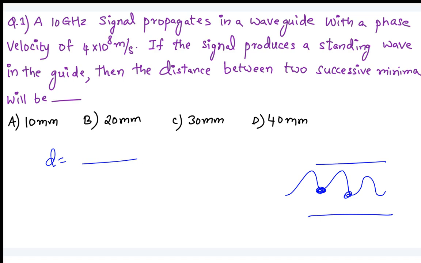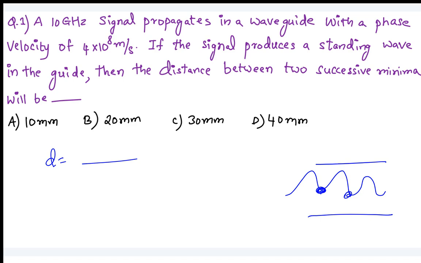What is the distance between two successive minima, or two successive maxima, in a transmission line? Good, it is lambda by 2.